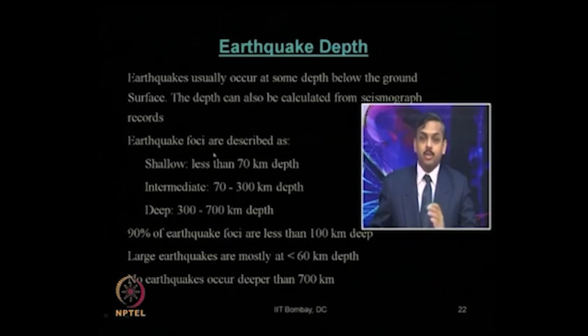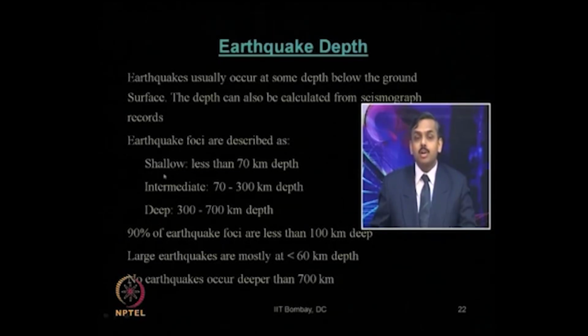If we talk about several earthquakes, they can be described in three major categories. One is called shallow earthquake, another is called intermediate earthquake, and the third one is called deep earthquake. Now, what is called a shallow earthquake? When the earthquake focus is within 70 kilometer depth from the ground surface, it is called a shallow earthquake.